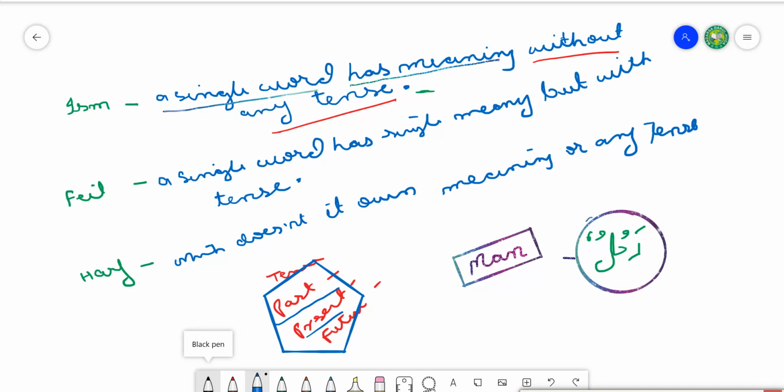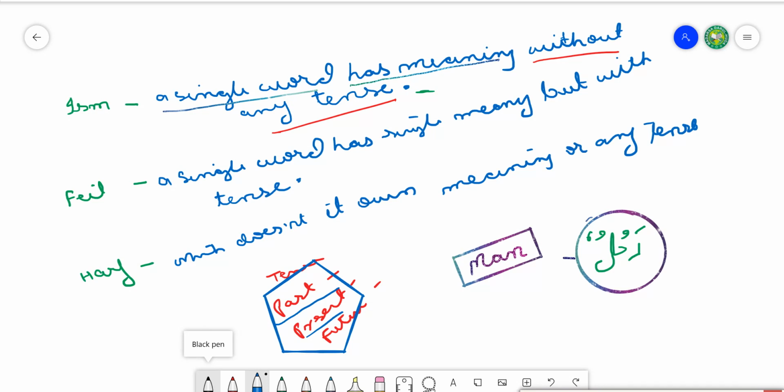For example, when we translate rajulun as man, it doesn't give us any information whether the man is in the past, or is going to be in the present or in the future. It simply translates that rajulun means man without involving any time or period. So what are ism? Ism are those words which have their own single meaning and don't have any time tense in their translation.